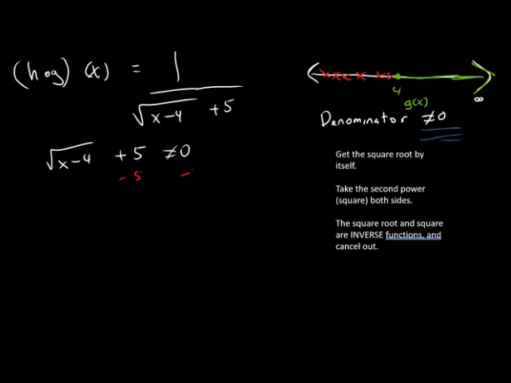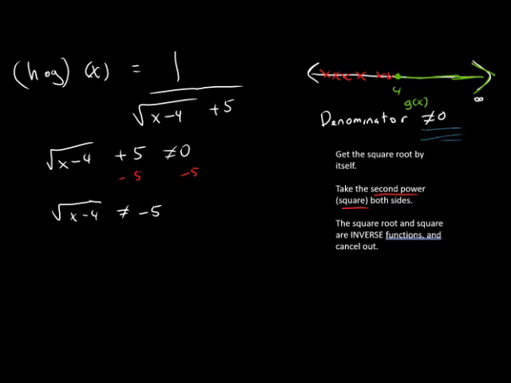If we subtract 5 from both sides, we will now get square root of x minus 4 is not equal to negative 5. We've gotten the square root by itself. However, the x that we need is stuck inside of the square root, so we have to get rid of the square root. In order to remove a square root, we're going to take the second power on both sides.